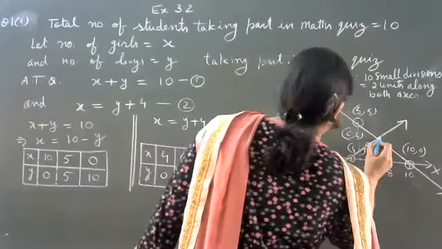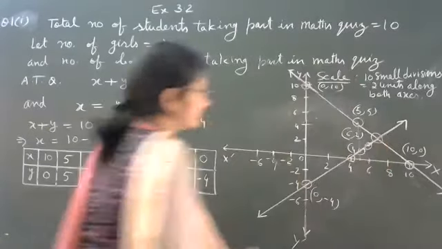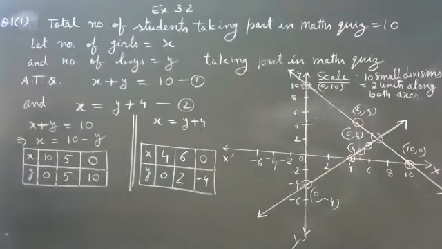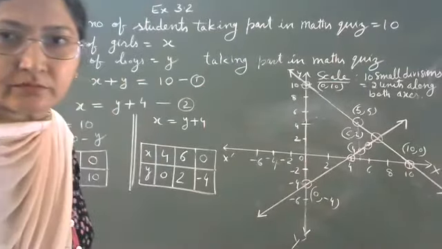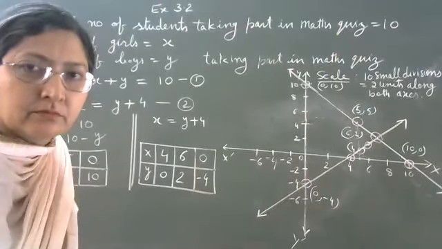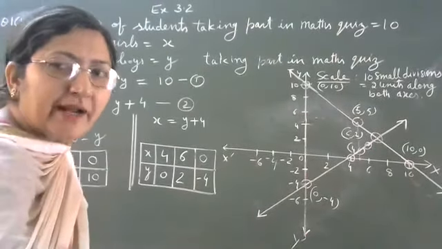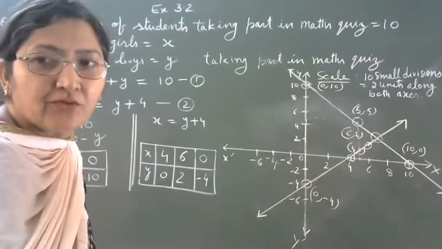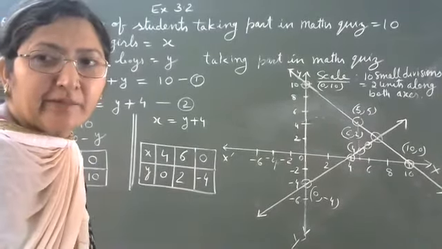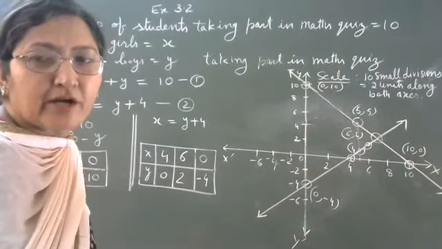Now this is the point of intersection. Clear? This is the point of intersection and that will be the solution. Now you are having your graph paper and you are plotting on your own graph. Can you tell me, read from your graph, what is the point of intersection?